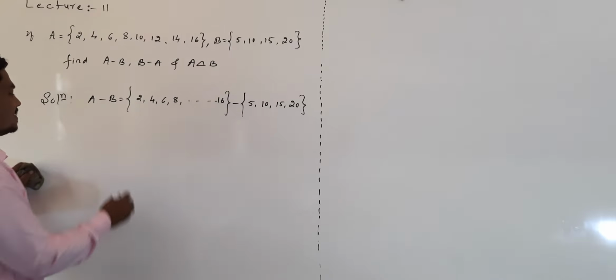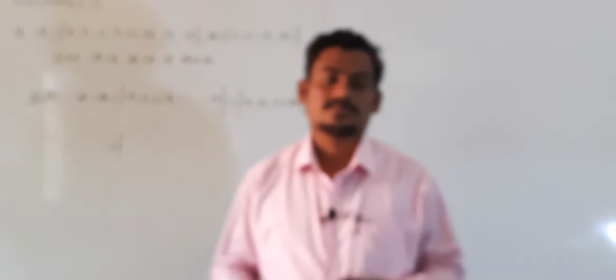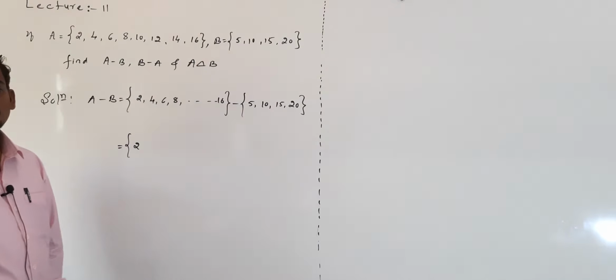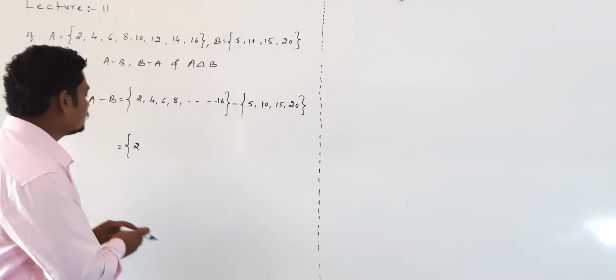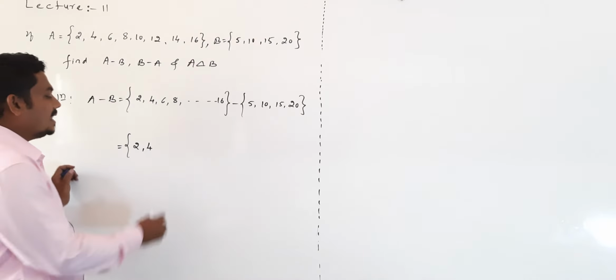Now what is A minus B? A minus B means write all those elements in A but not in B. Only in A, write such elements. Shall I write 2? Yes. Why? Because it is not there in the second set. Shall I write 4? Yes. 6?